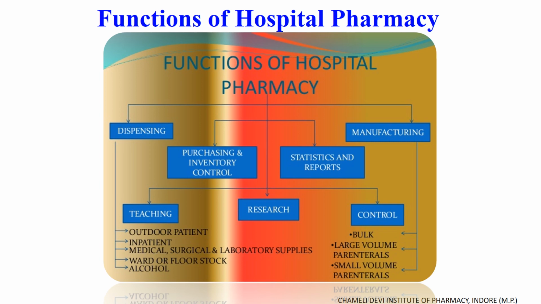So, some functions I have mentioned in structure: medicine management, then technical services provided by a hospital pharmacy, as well as supply of medicines and their dispensing indoor or outdoor to the patient, quality assurance of manufactured medicines, and information technology regarding medical things.